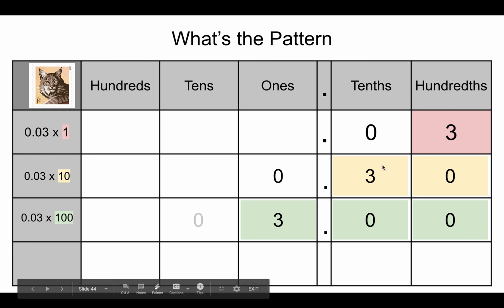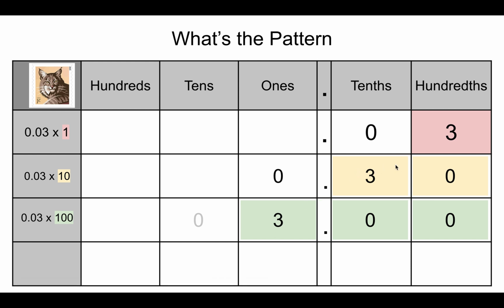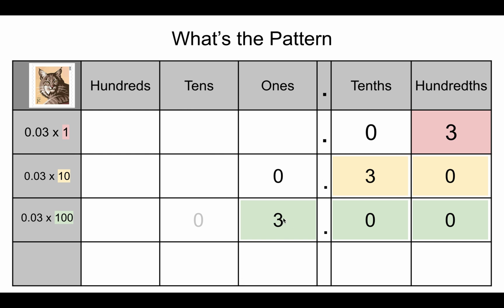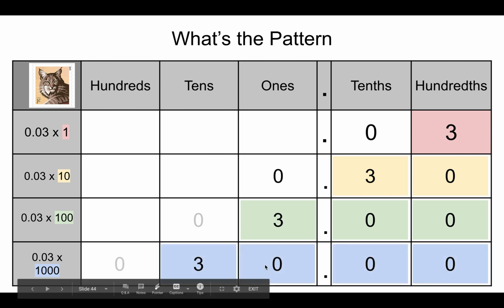So 3 tenths 10 times is 10 ones. And let's say we multiply it by 10 again. 3 ones times 10 is 3 tens, or 30. And I'm sure you already know from your multiplication facts that 3 times 10 is 30.